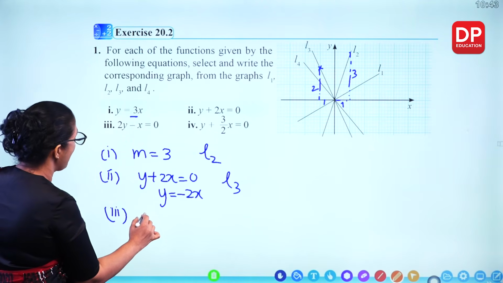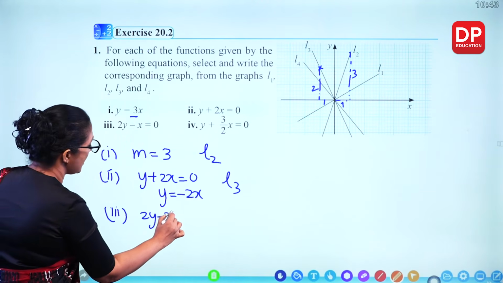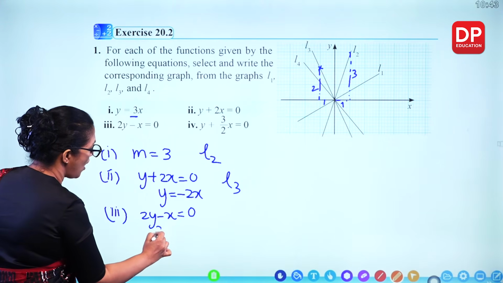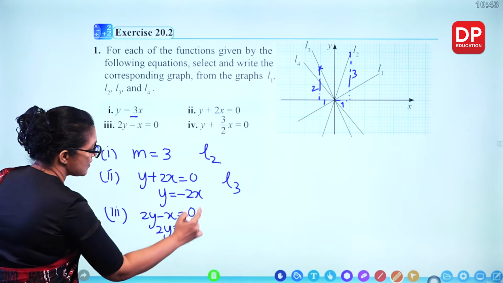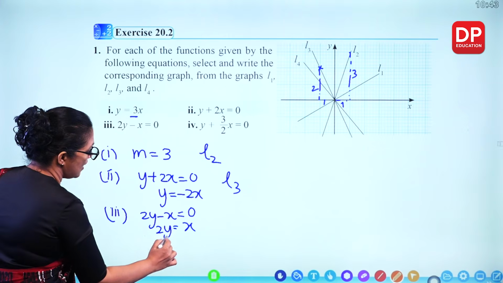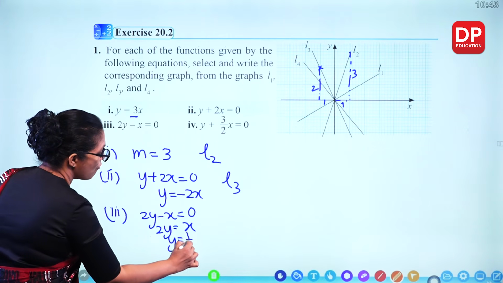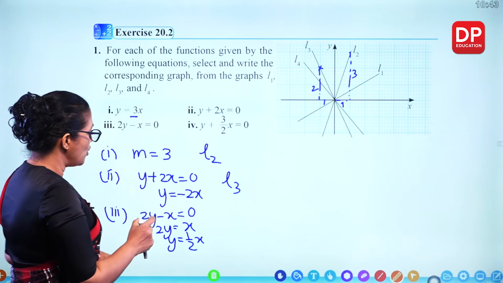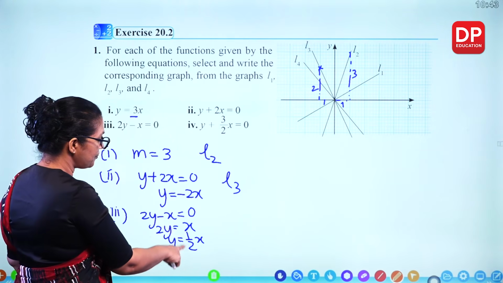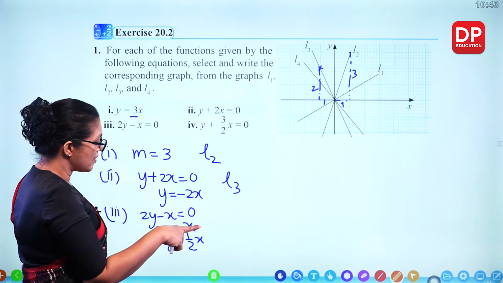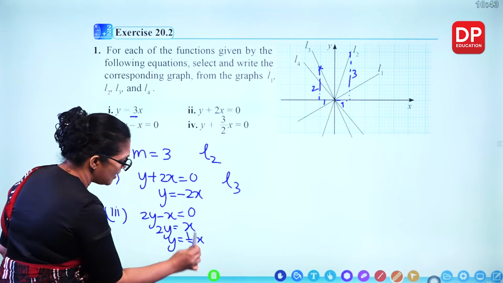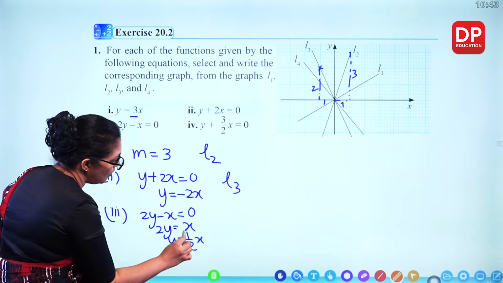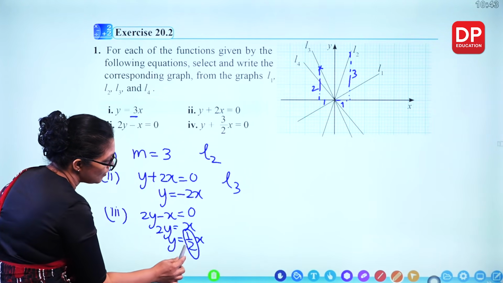Third one, 2y minus x equals 0. Take minus x to this side as plus x. Then y becomes half x. That means when you move 2 squares, 1 up, you can easily look at this number and identify the slope.